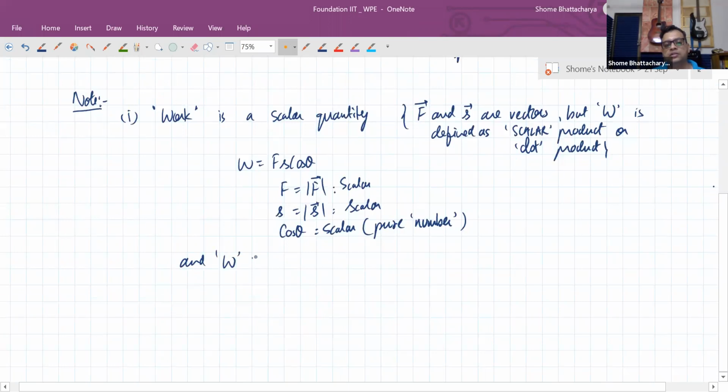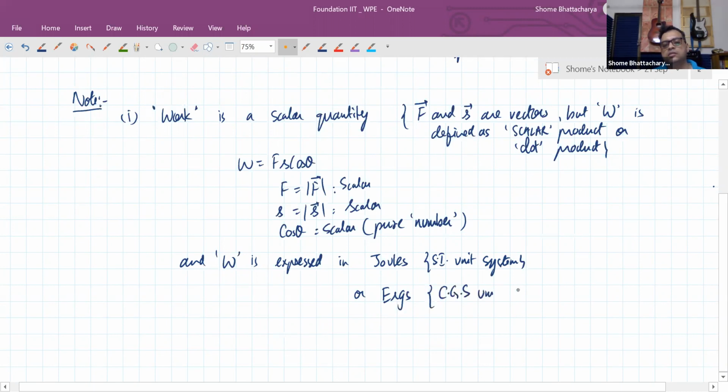work is expressed in joules for the SI unit system, or ergs in the CGS unit system.